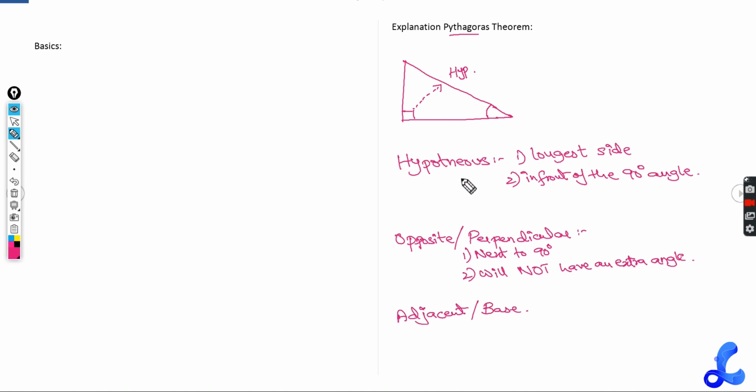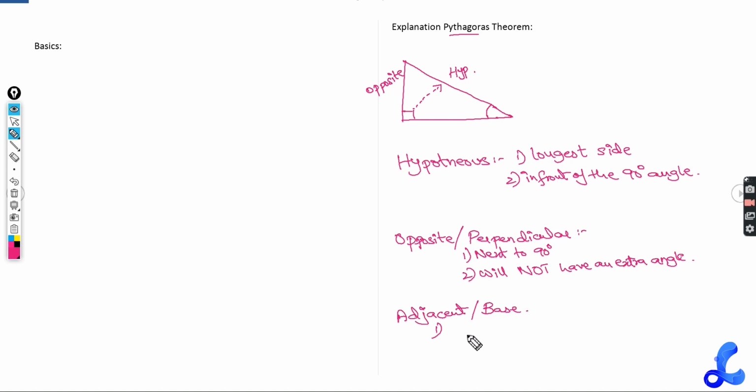So this side, perpendicular or opposite, will not have an extra angle, and it will be right next to the 90-degree angle. So if you see, this side does not have an extra angle, and it is right next to your 90-degree angle. So now you will also tell me that okay, adjacent is also next to the 90-degree angle. I will explain it. Just give me 1 minute. So now this side does not have any angle that we need to find out, because of which this side would be your opposite.